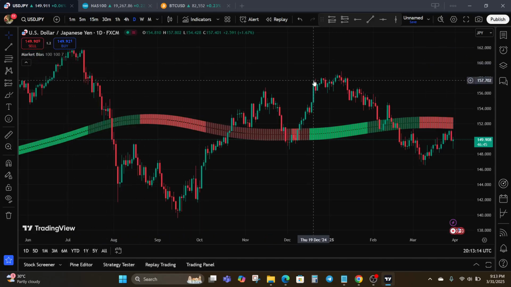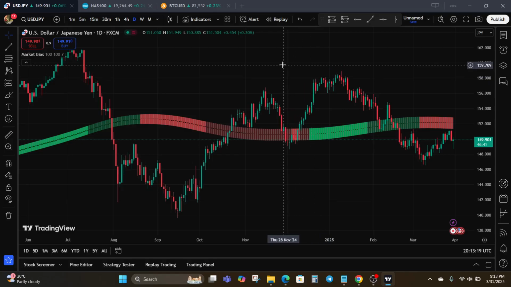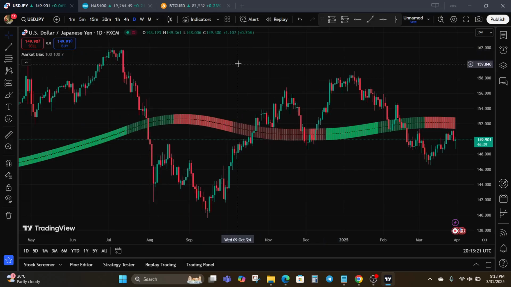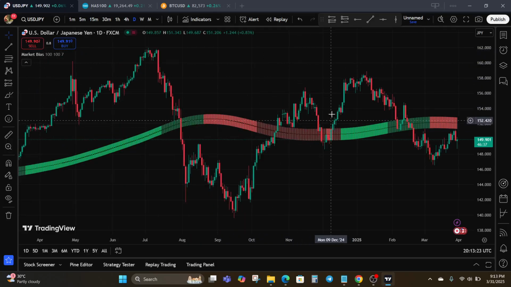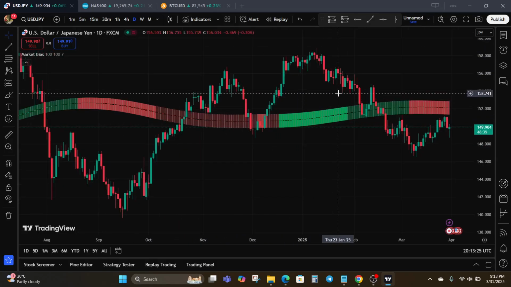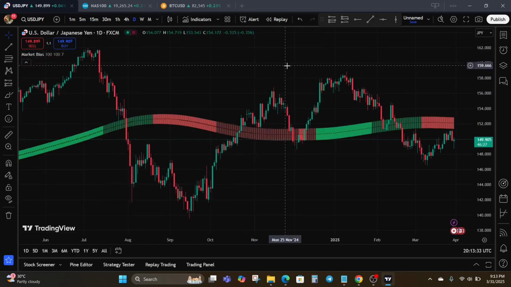Okay, so this is the indicator that we're going to be looking at. It's a tool that removes the need for manual trend lines and gives you a clear, objective view of the market. Now, what exactly is the HA market bias indicator?